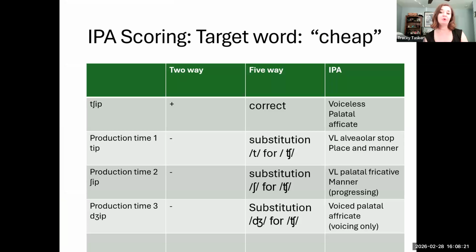Okay, so just an example with one word. We're moving from five-way scoring into IPA scoring to show you what the advantages are. Each articulation test is going to be a little bit different. If you were doing a more extensive IPA scoring, rather than just marking it correct or incorrect, and rather than just identifying what the error was, you're also talking about what type of error it is.